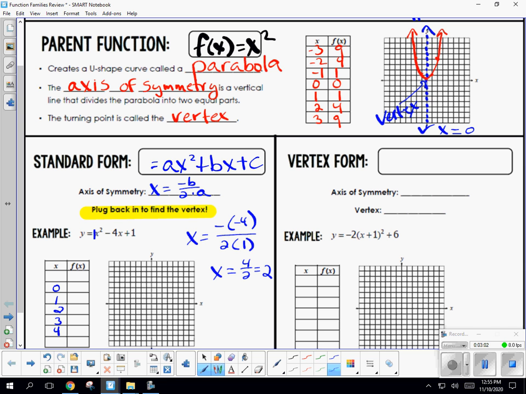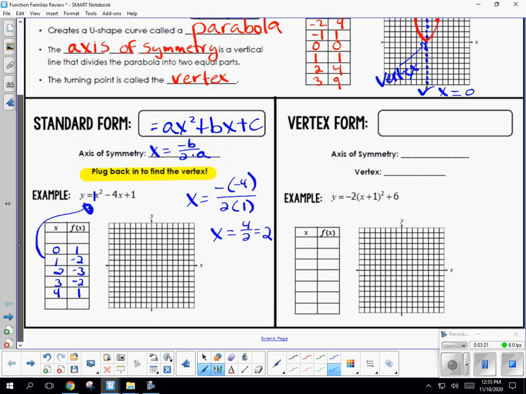When I plug these numbers back into my equation, I get these y values. When we plot these points on our graph, it looks like so.